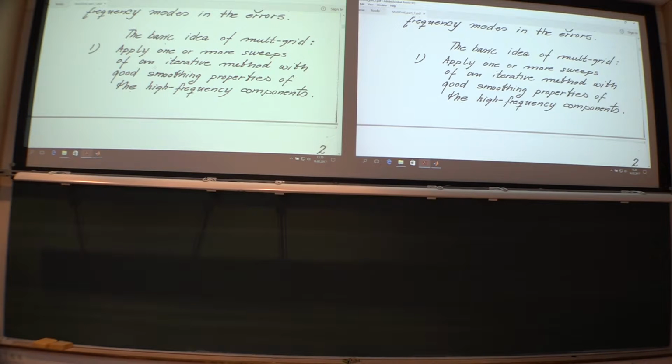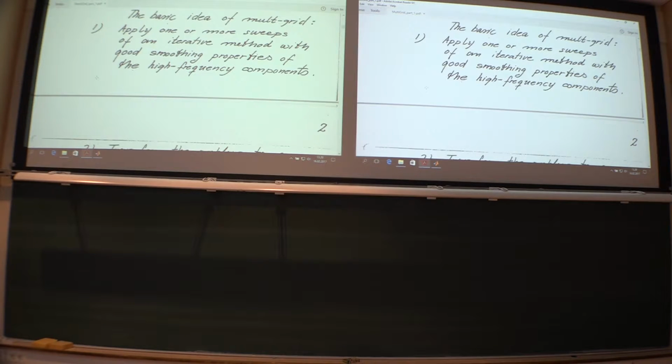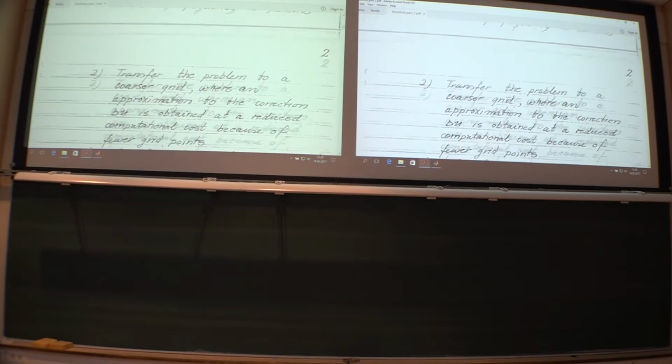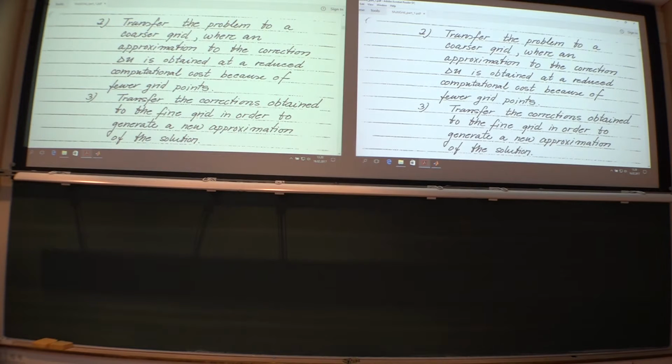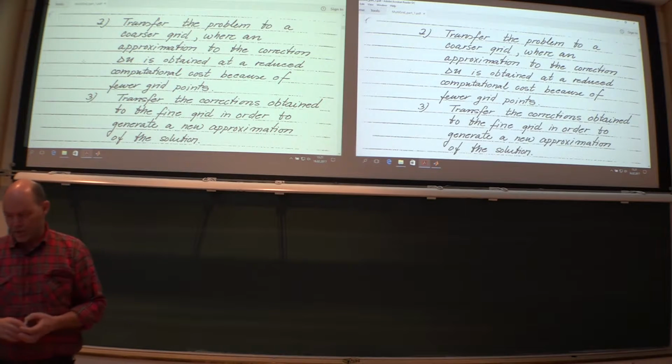But we now are looking for what's called good smoothing properties. We need a method that is very efficient at filtering out the high-frequent noise, which we have seen already, Jacobi, Gauss-Seidel, they are actually quite good at that. Then, after some iterations on the fine mesh, you move your numerical approximation, your solution, onto a coarser mesh.